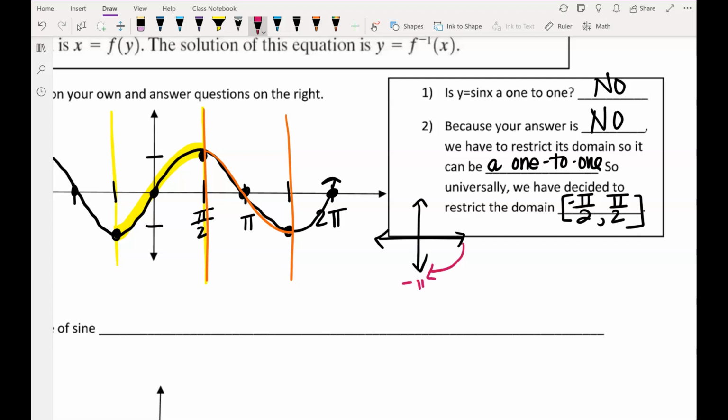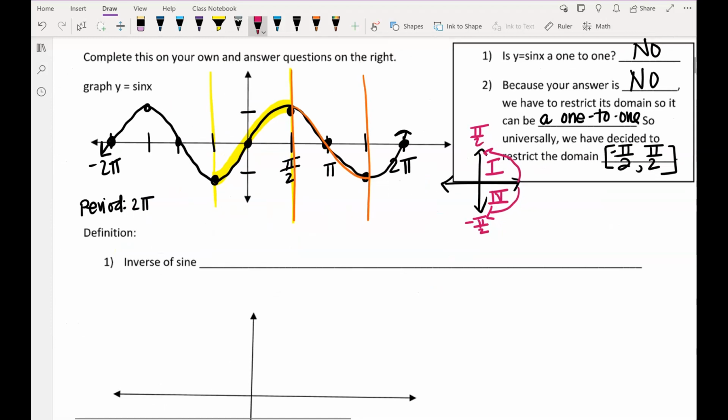Is this negative pi over 2 here, students? Okay, well, what quadrant is that? 4. And where is pi over 2? 1. Okay, so students, in the unit circle, we are cutting off between quadrants 1 and 4 only.